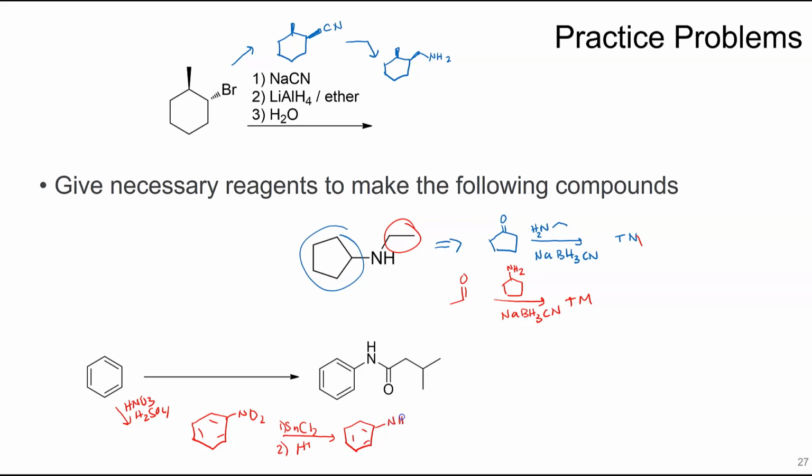That will give me NH2. And since I'm not given any rules here about what I can and cannot add, I'm just going to use an acid chloride to put that one group on there. And so that's how you would do that synthesis.